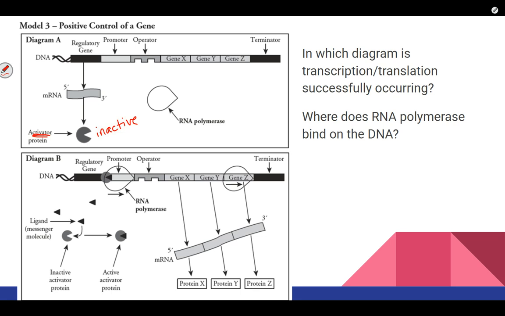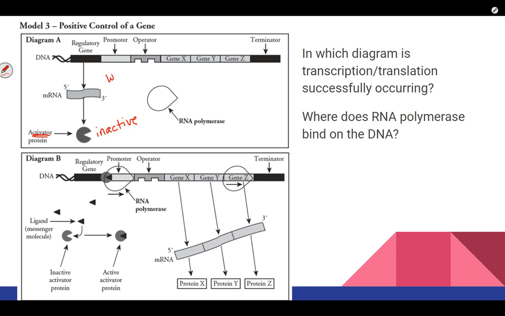Without an activator protein, operons that have an element of positive control don't work as well. The RNA polymerase either can't bind to the promoter without an activator to help it, or it doesn't bind very well or very often.